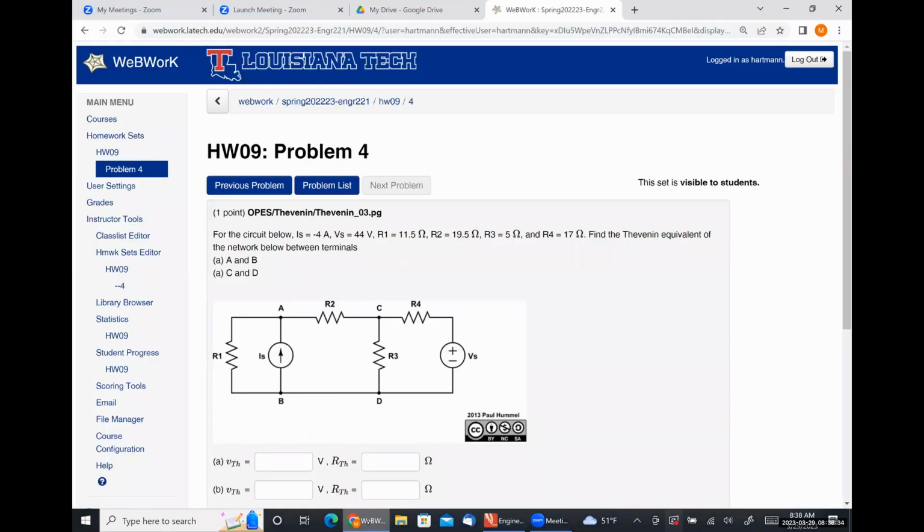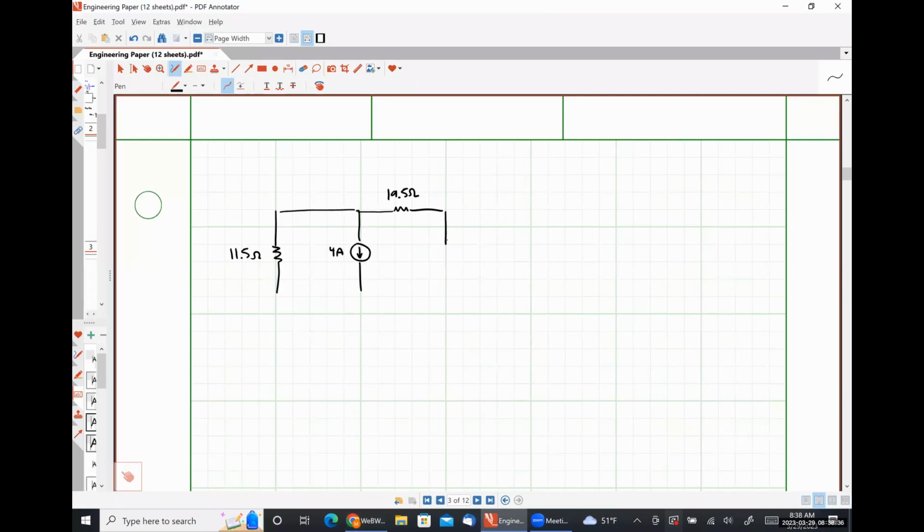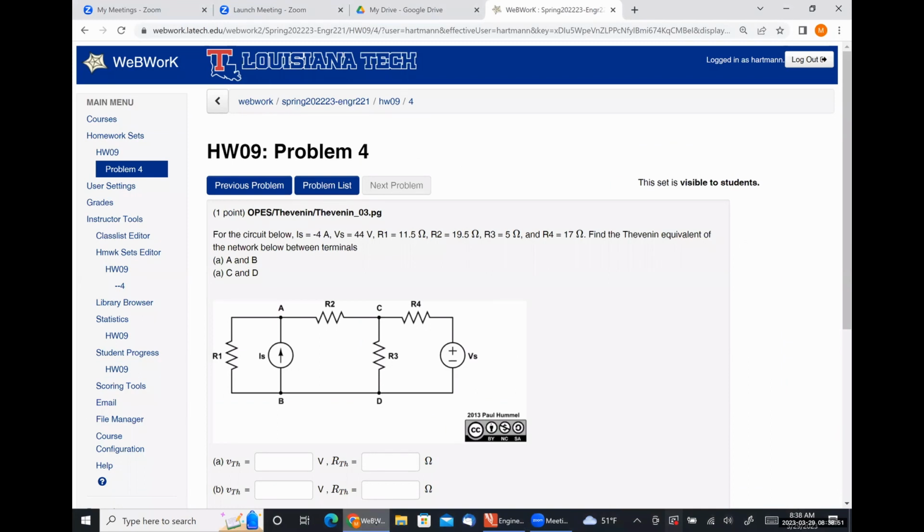R3 is 5. R4 is 17. Then we have a voltage source, and it is 44 volts.